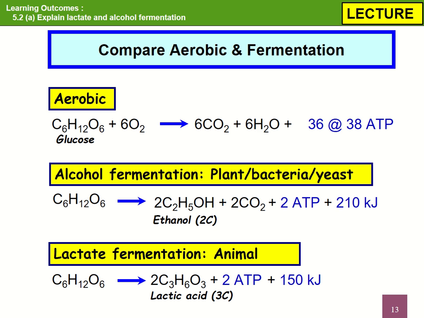The products are carbon dioxide and ethanol. In lactate fermentation, which occurs in animal, only 2 ATP is produced and about 150 kJ of energy. The product that is produced is lactic acid.